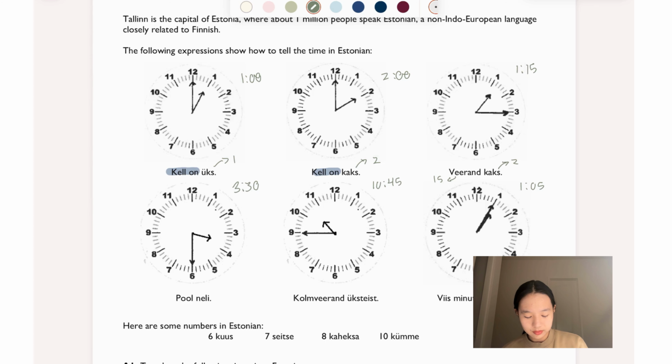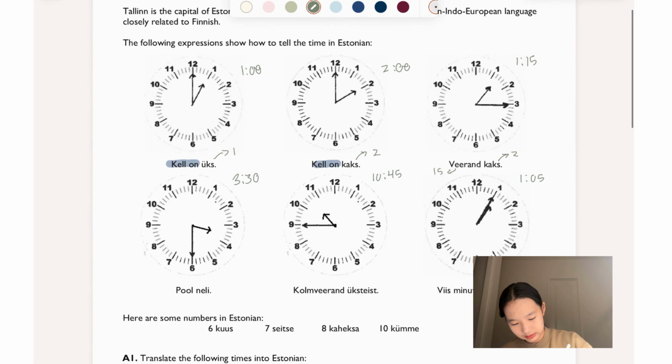And we also have the 5th clock, which has 10:45, but 10 is kume and not ux yet, so I'm assuming that this might be 11, and then this would be 45, and it also has the virand at the end, which is similar to the virand in the 15.